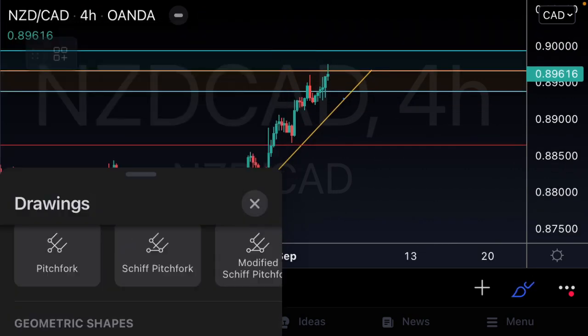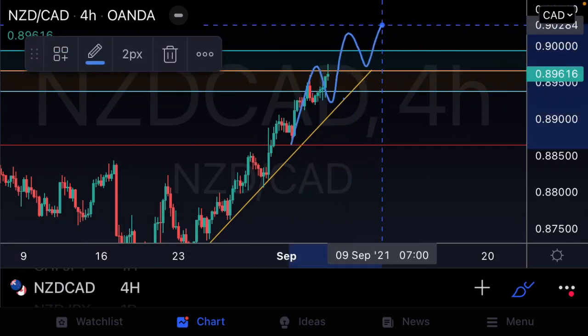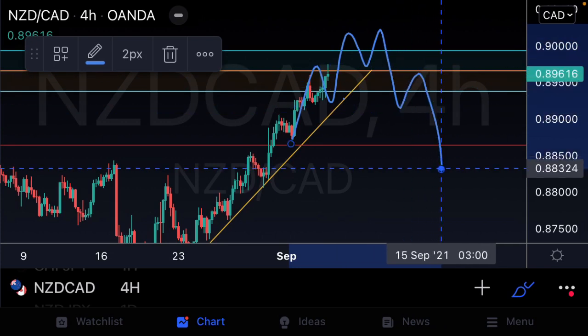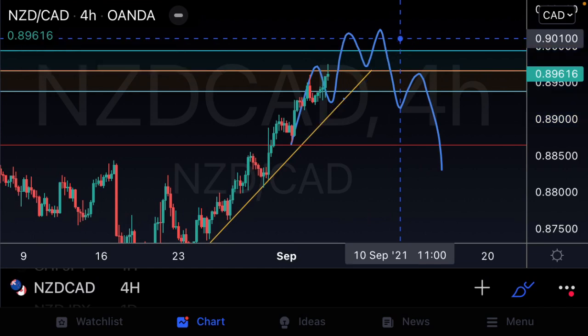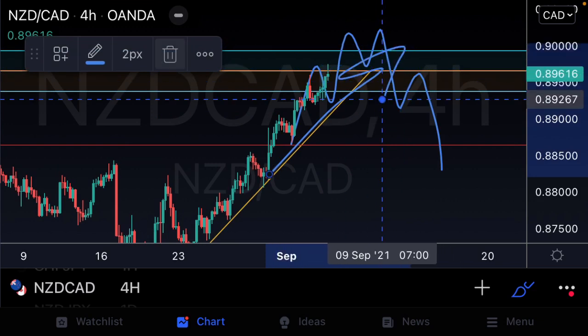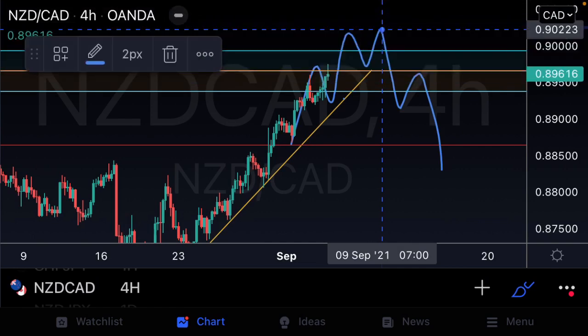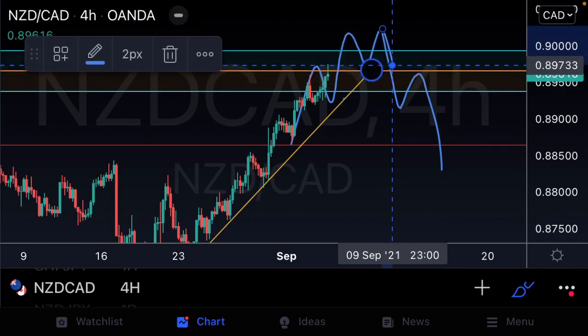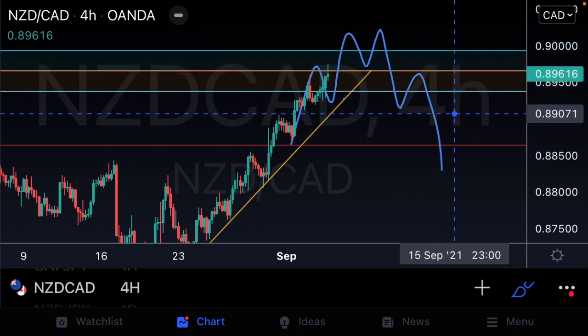What we will be looking out for, guys, on New Zealand dollar CAD is some bearish price action somewhere above these areas over here. Once we see New Zealand dollar CAD violating both this ascending trend line and maybe even some horizontal support structures over there, giving us some signs of beautiful bearish momentum, at that point, guys, is the time where we will be looking for those bearish bias trades.